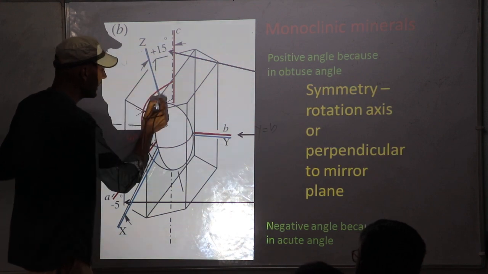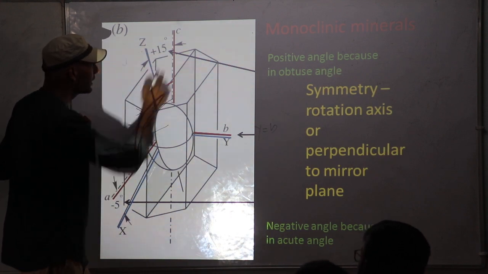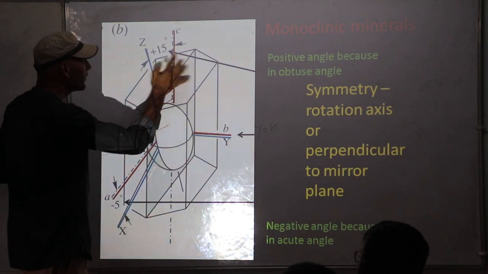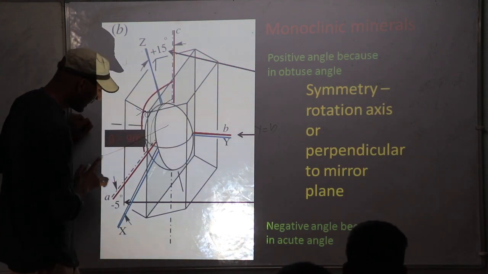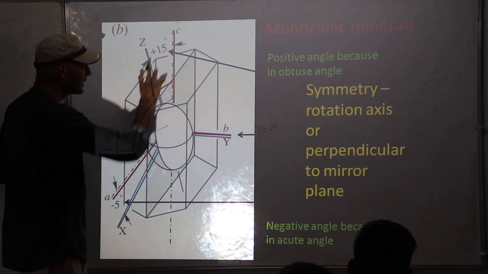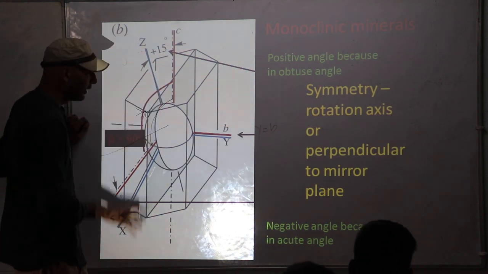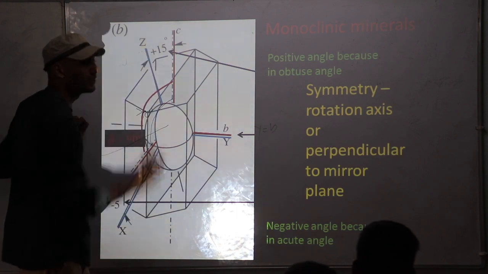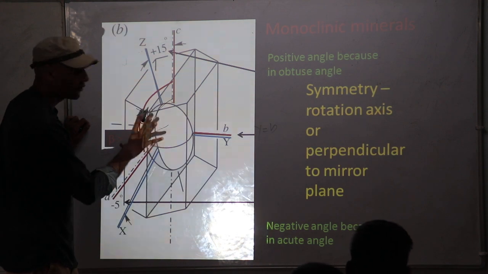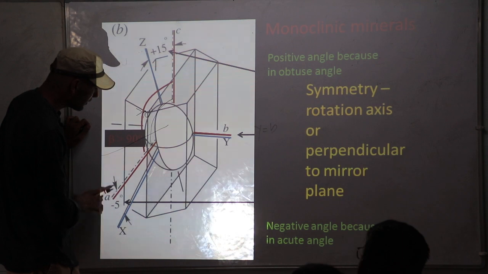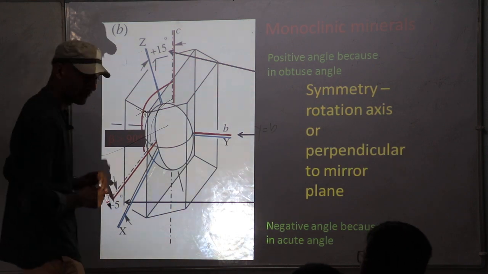Z and X are mutually perpendicular, but A and C have an obtuse angle with each other. So if Z coincides with C, X cannot coincide with A. If X coincides with A, Z cannot coincide with C. And another case, X will not coincide with A, and Z will not coincide with C. This is the diagram showing Z is also not coinciding with C, and X is also not coinciding with A. You can see here.